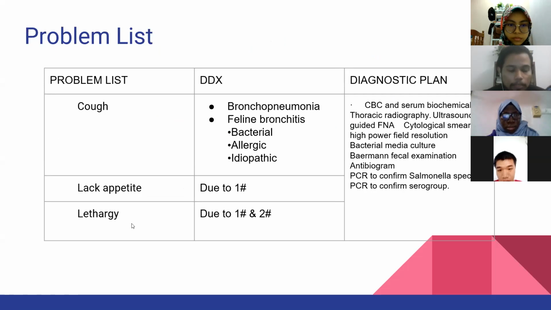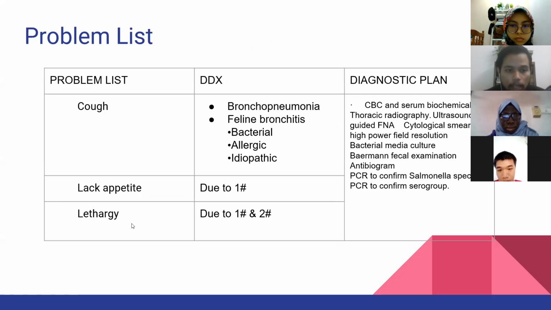Okay, from the clinical signs, the first is cough. This could be caused by respiratory disease. So from the history we have to check for pneumonia and feline bronchitis in order to rule out whether this cat has these diseases.